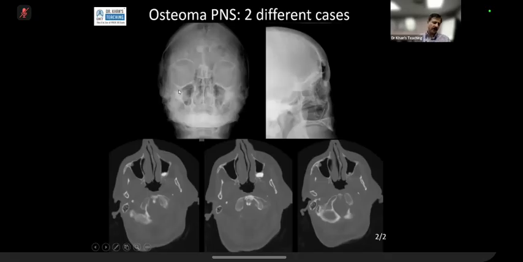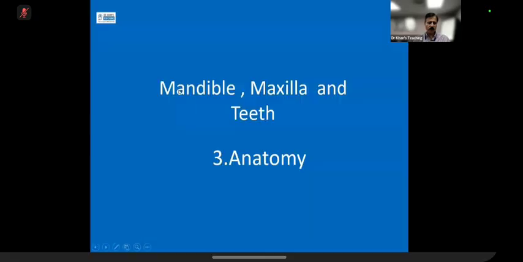So a long case can come in which there will be ivory osteoma of the paranasal sinus. And with this, any stigmata of Gardner's syndrome, including desmoid tumors, etc. We have seen these cases when we did our GIT.